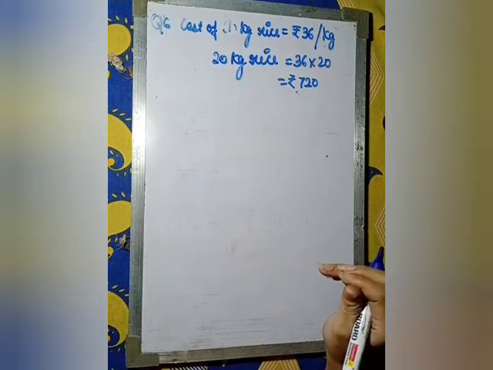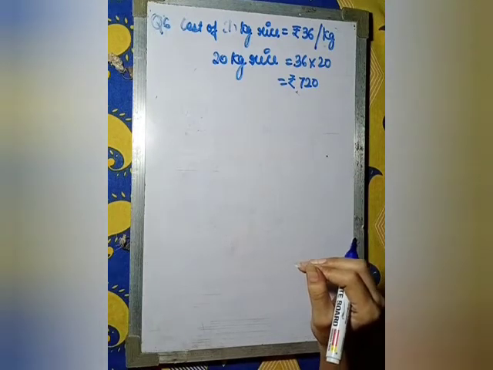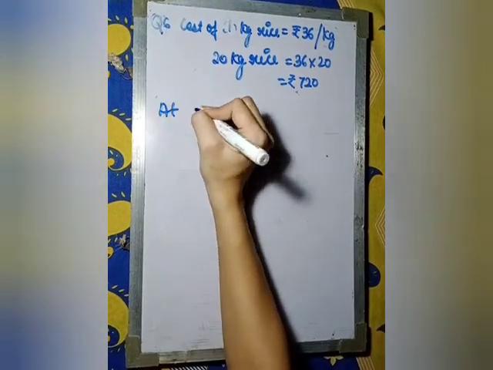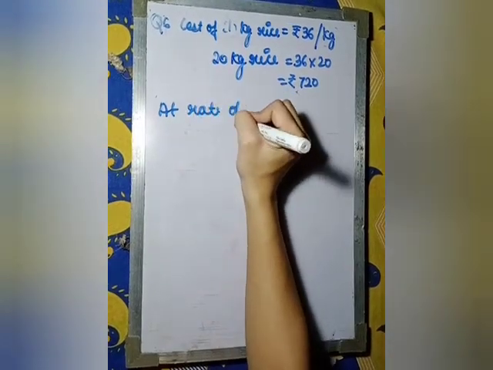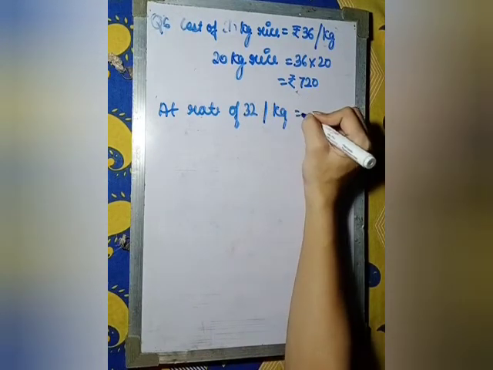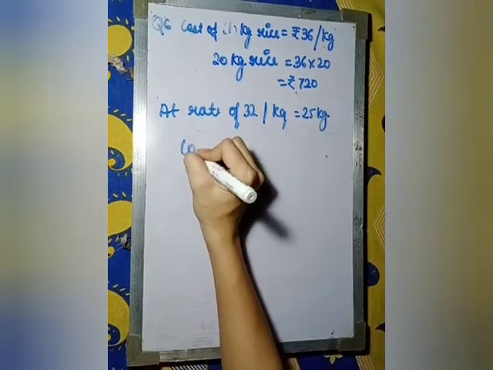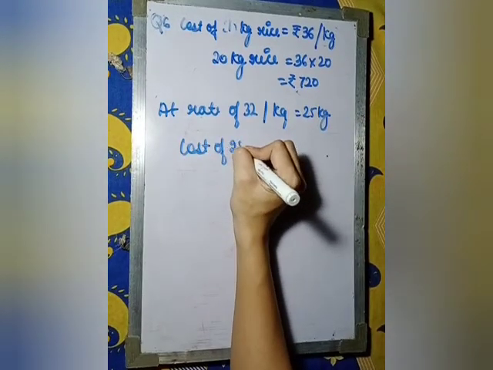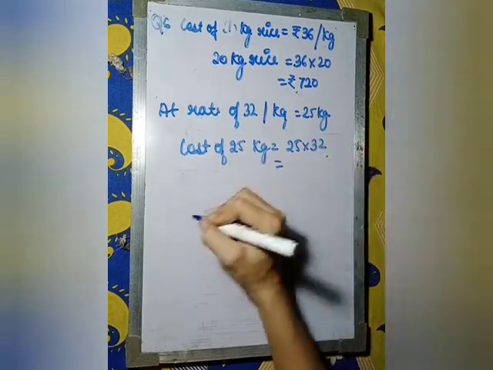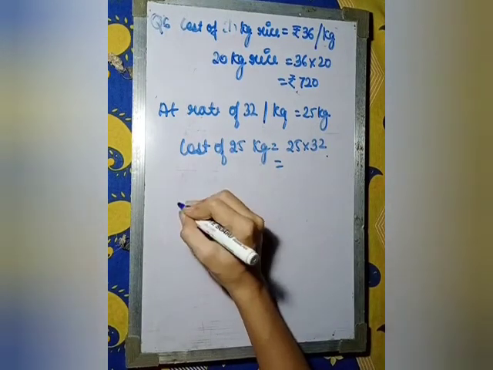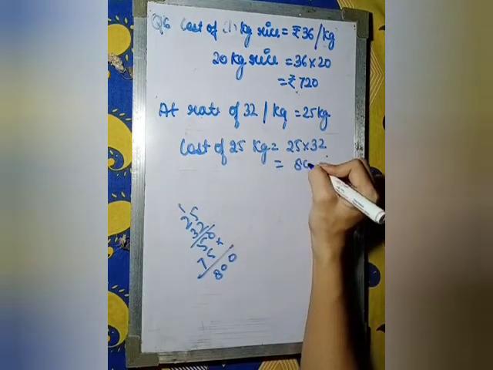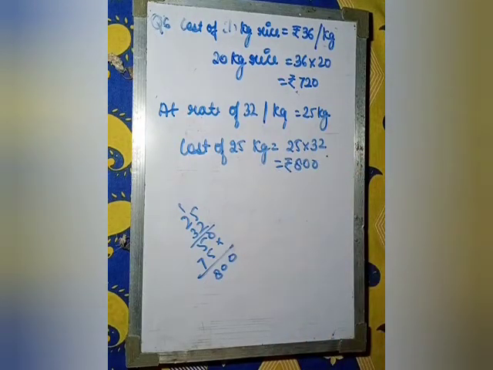Now they are saying and 25 kg of rice at the rate of 32 rupees per kg. So the cost of 25 kg is 25 into 32. Multiply this. It is 800.